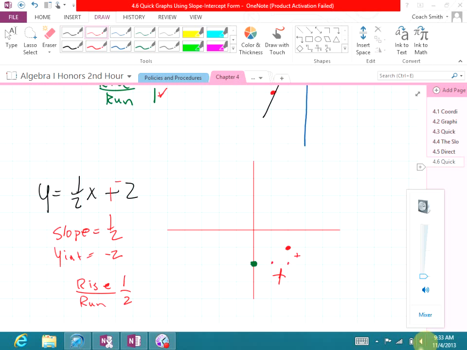Then I do it again. I go over 2, 1, 2, and I go up 1. So there's my 3 points. And here's the slope. Let me change colors here so I don't do the same color.